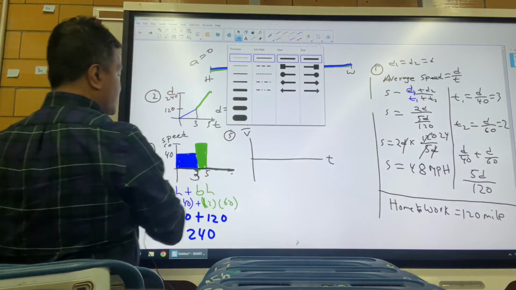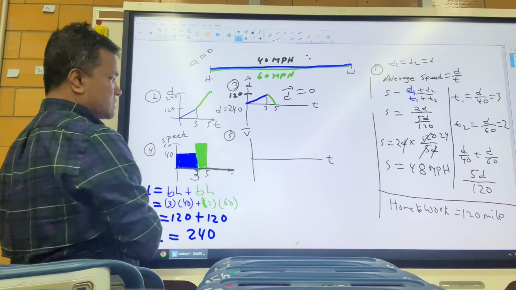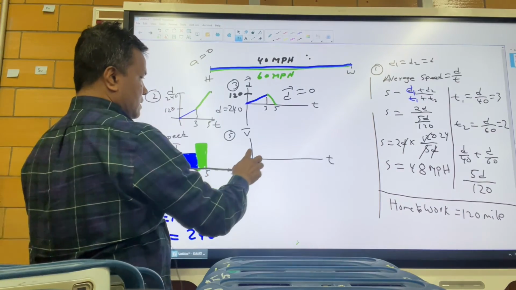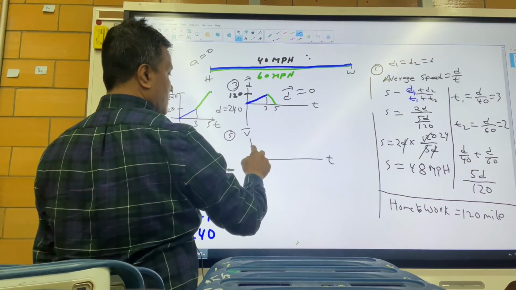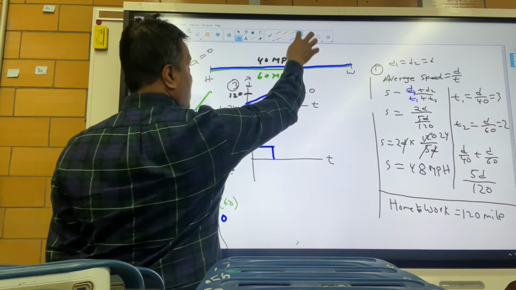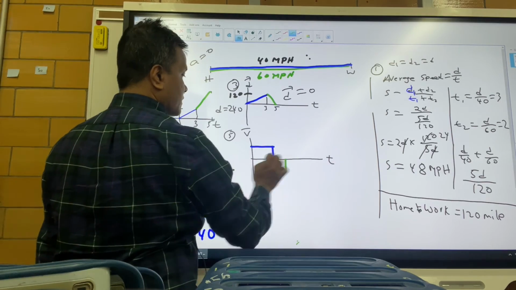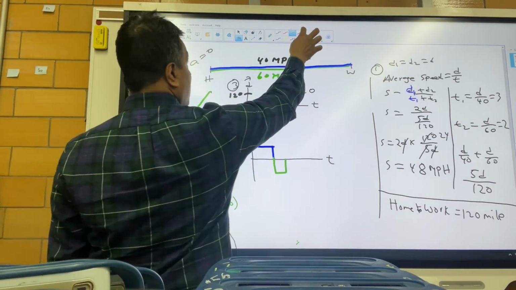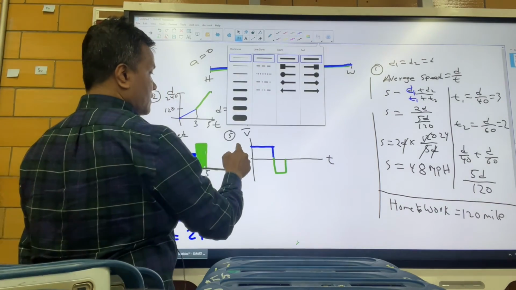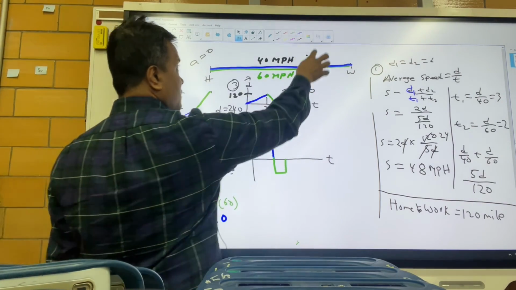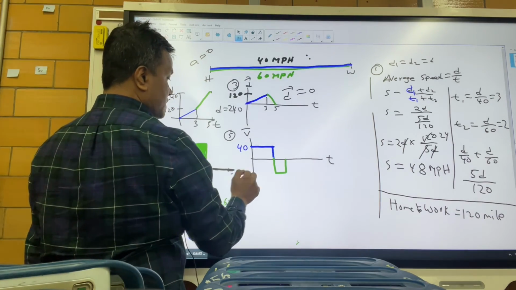All right, so what would the velocity versus time graph be? Let's see. The blue one is this, and the green one is this. Okay. So let's put some numbers. The blue one, of course, is 40, and the green one, of course, is negative 60.